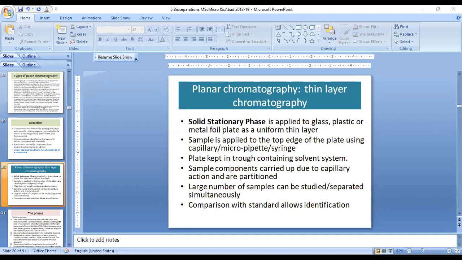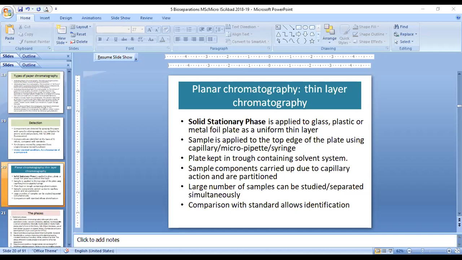But here in the case of thin layer chromatography, the situation is slightly different because the stationary phase is a solid material, in a powdered form, which is used to coat a glass or plastic plate, or a metal foil. So metal, plastic or glass serve as the support material.